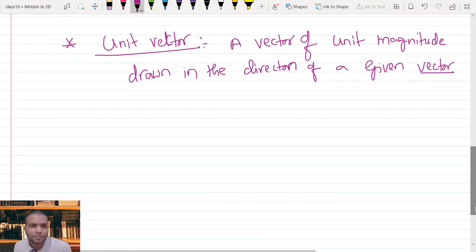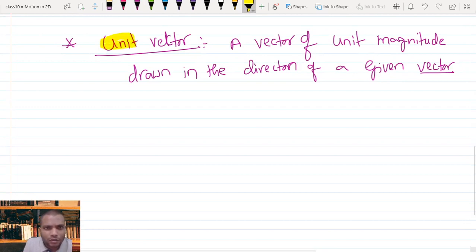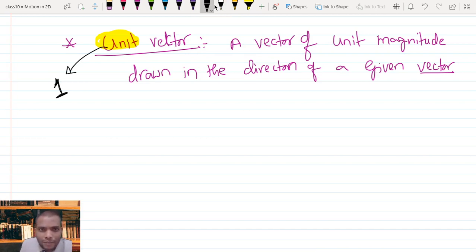Unit means 1. Very important point, remember that unit means, in mathematics, 1. So a vector of unit magnitude drawn in the direction of a given vector.